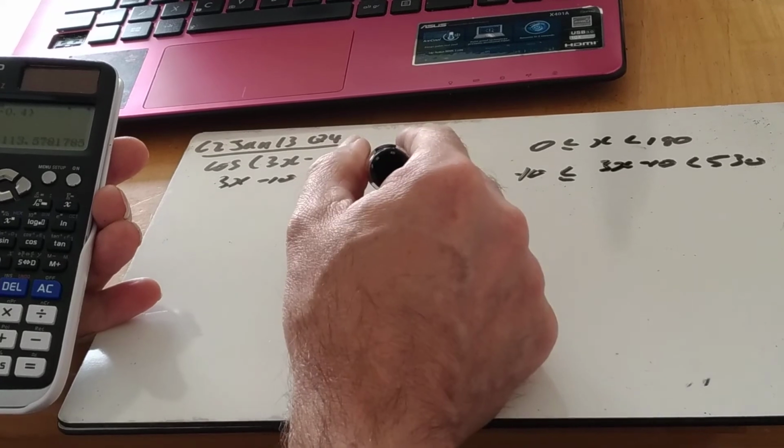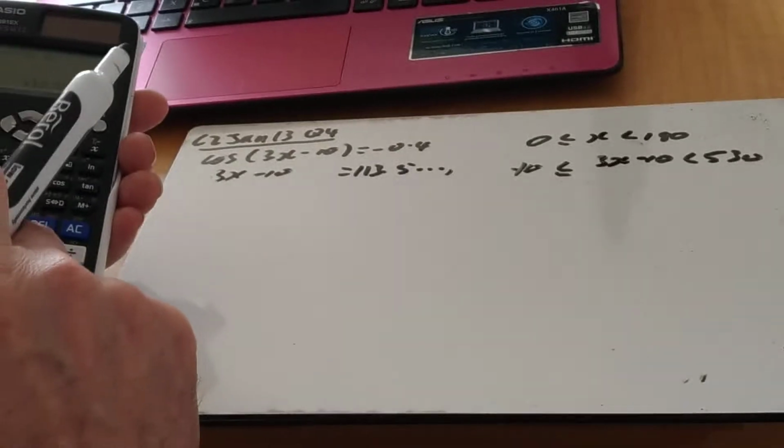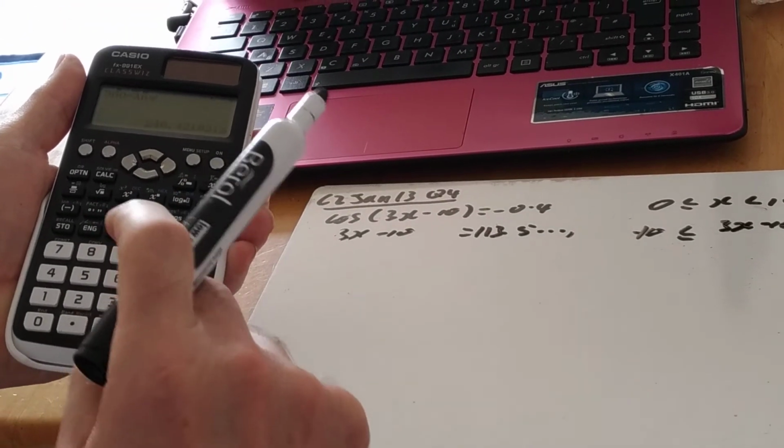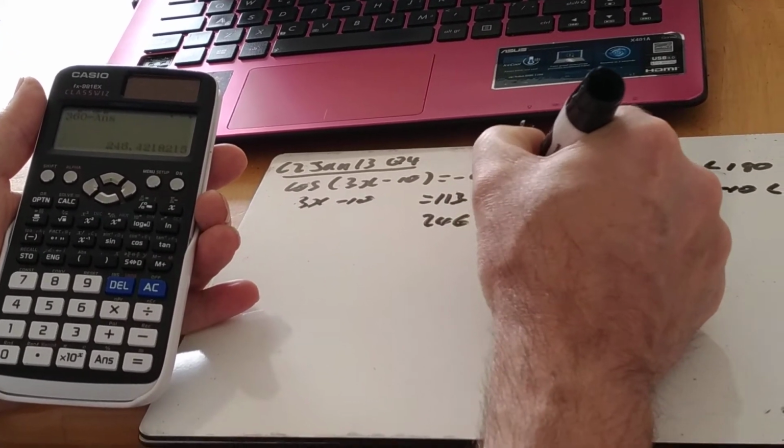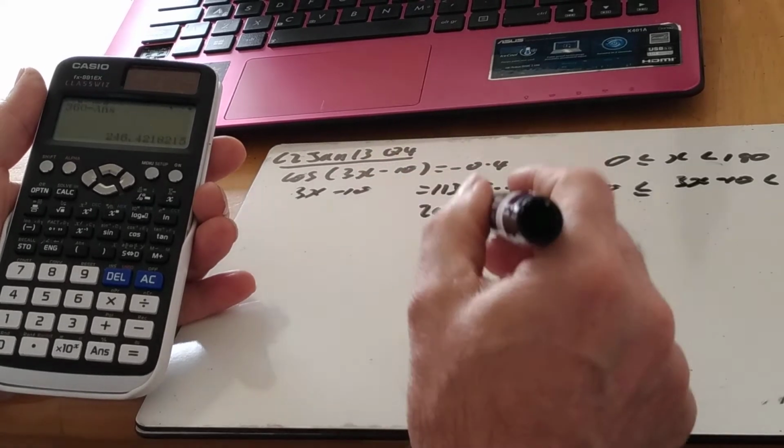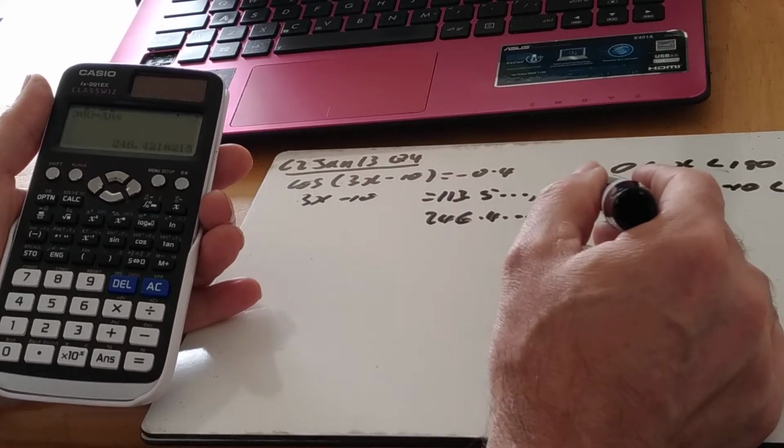My second answer: how do you find the second value from 0 to 360? You take that answer away from 360, so it's going to be 360 minus my answer, which is 246.5, something like that. And my third answer: everything repeats every 360.